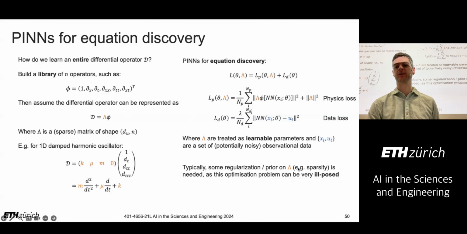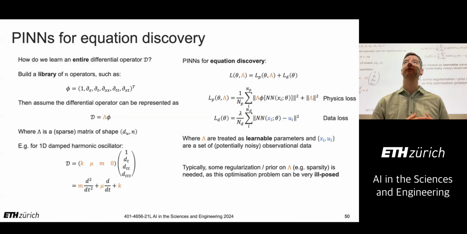For example, we assume something like sparsity. We say we want to find a differential equation that has the minimum number of operators possible by adding an extra regularization term in the loss function that says the lambda values should be sparse. They should tend towards 0. This helps make the problem converge and be more well-posed.